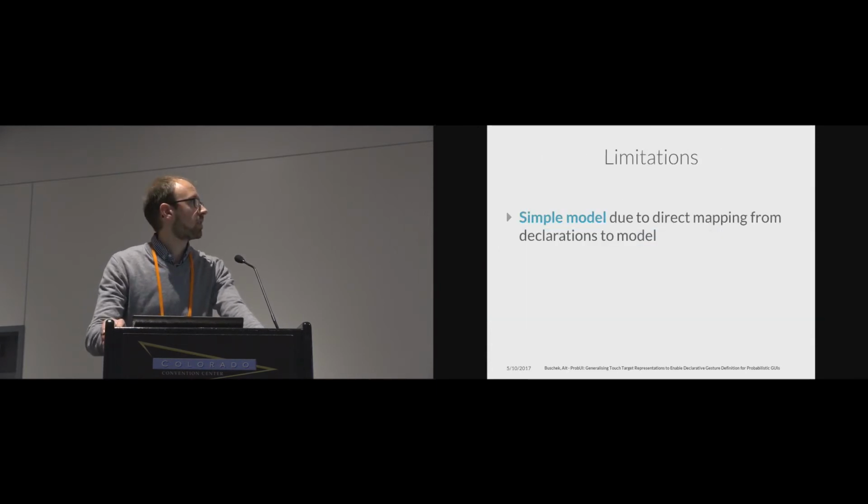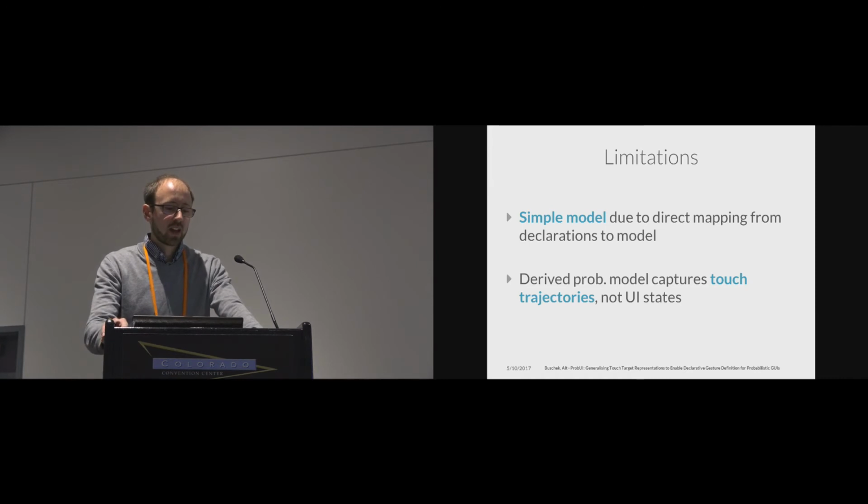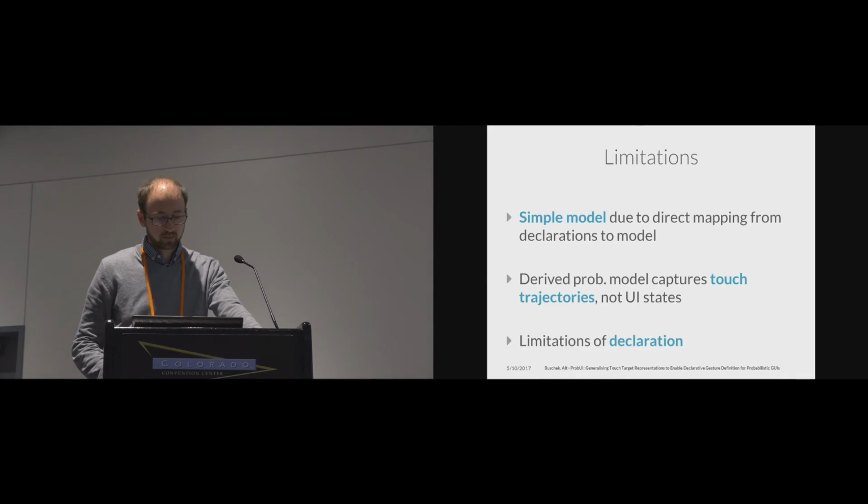There are some limitations. So the probabilistic model is fairly simple because we want to be able to derive it automatically from the boxes and the declarations. So it's not learned on data. Also, the probabilistic nature really just captures the touch trajectories, but not, for example, the states of the UI. You could build that on top of it using the probabilities provided by our framework, but you would have to do that yourself.